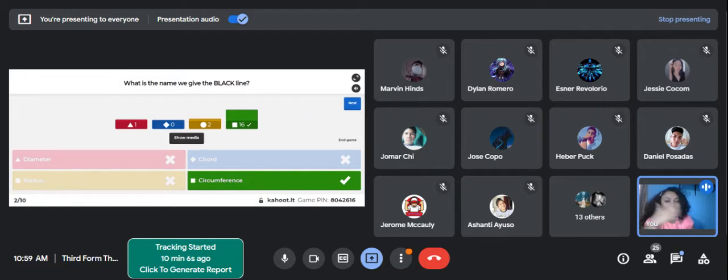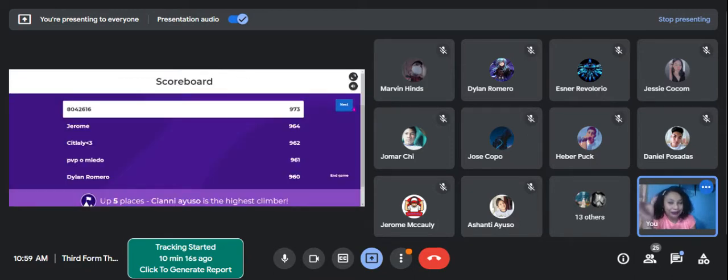Okay. So the black line, the line that makes the circle, we call that the circumference. It is not the diameter and it's not the radius, guys. Let's see.